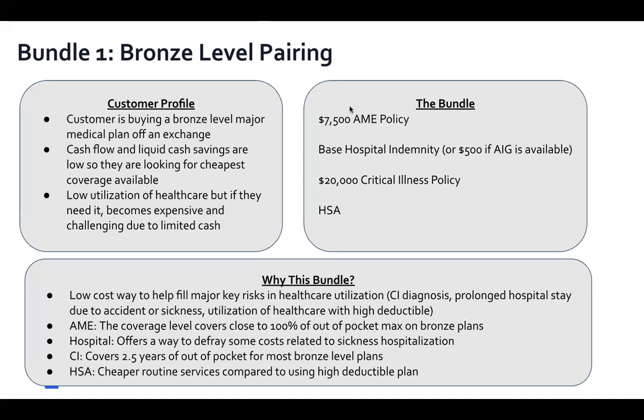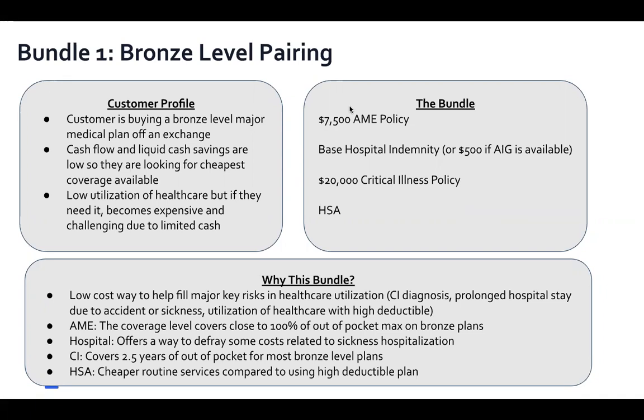Now, why a $20,000 critical illness policy? If you remember, I mentioned we'll talk a little bit about rules of thumb. One thing that we've heard from a lot of folks that offer CI today, and I think is a really valuable way to think about the right level of coverage, is that a $20,000 CI policy is going to cover, for most HDHPs, two years of an out-of-pocket max, or maybe even a little more than that.